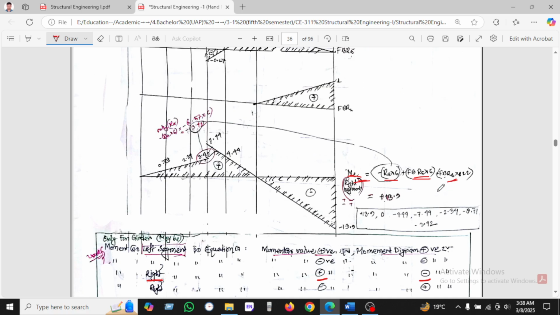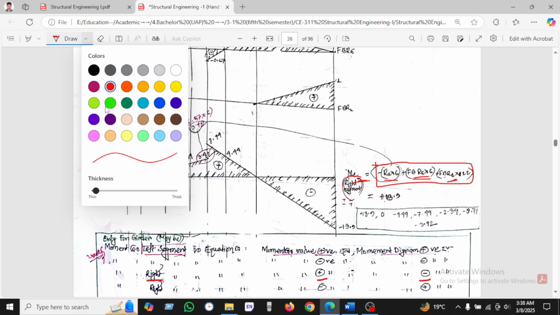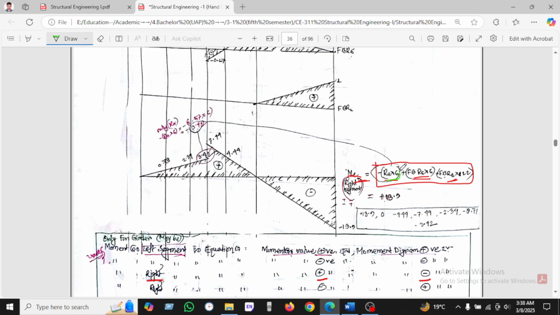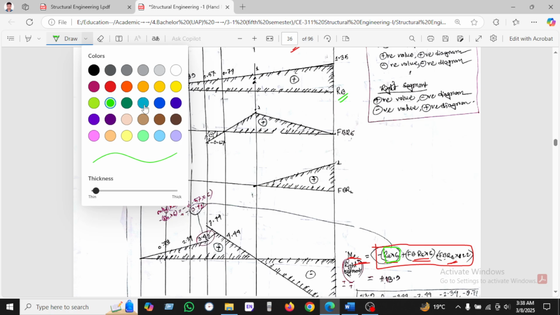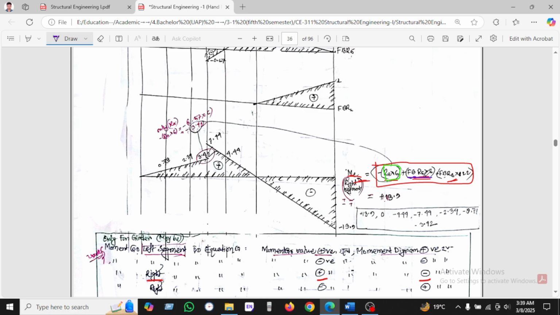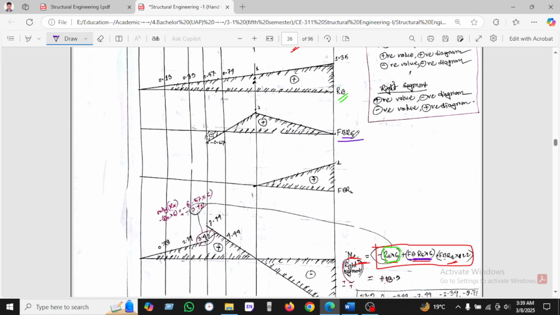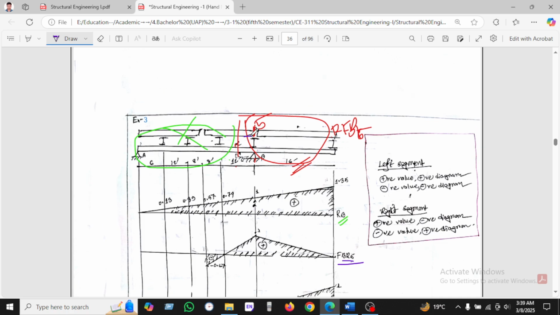Okay, so after getting this equation, now we have to draw three types of diagram. At first RA, and then we have to draw another, which is floor beam 5. This is the floor beam 5, so we have to draw the position of 5.